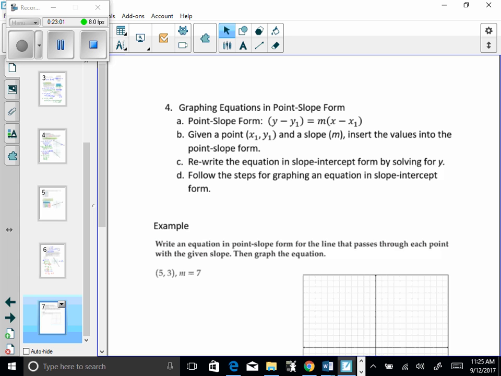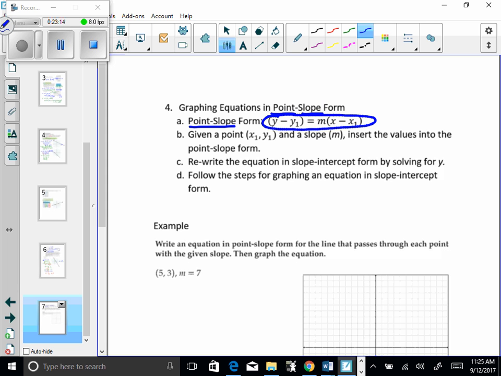Okay, one last example is using point slope form. And so we have a point and we have a slope. And point slope form is going to look like this. It's going to be y minus y1 equals m times x minus x1.